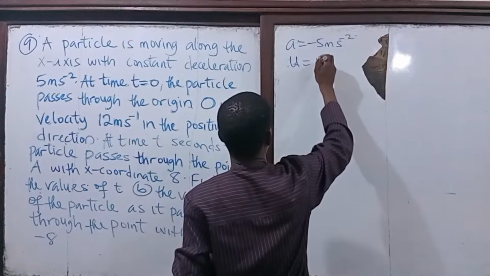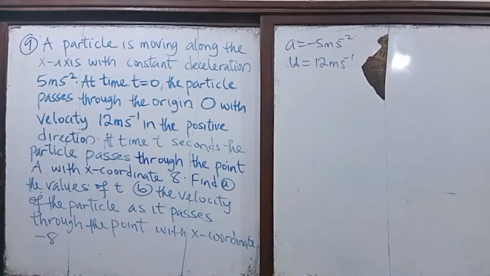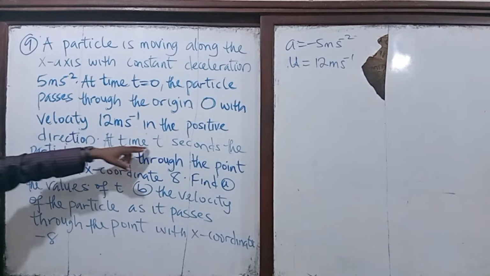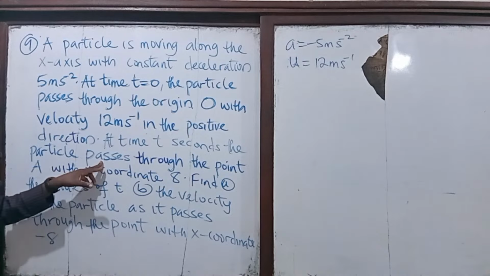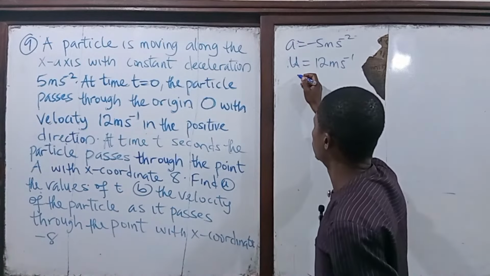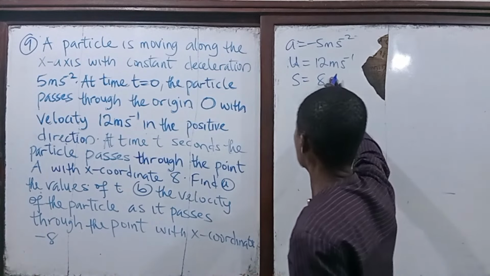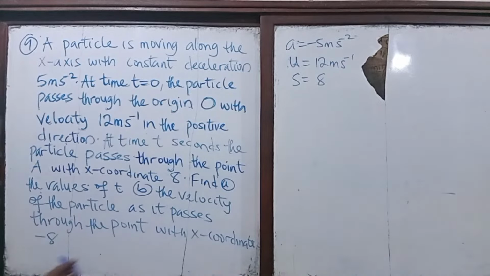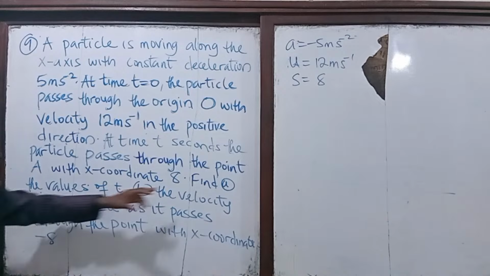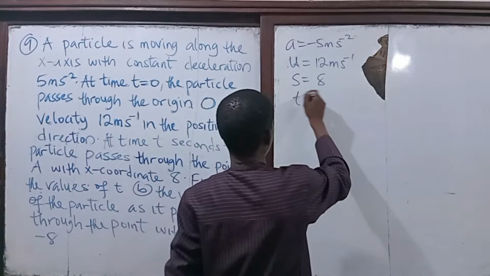At time t seconds, the particle passes through the point A with s coordinate 8. S coordinate, that's the horizontal, so the distance is 8 meters. Find the values of t.